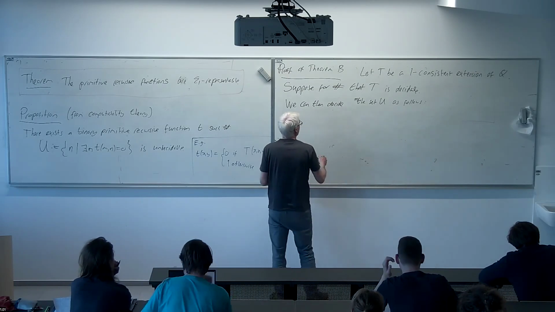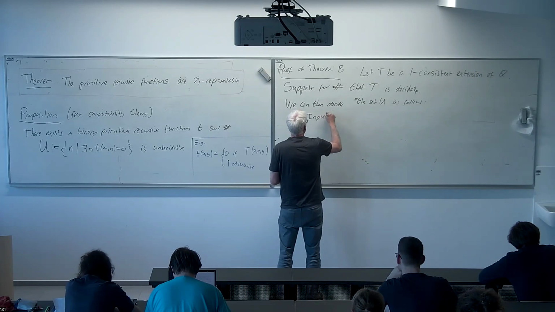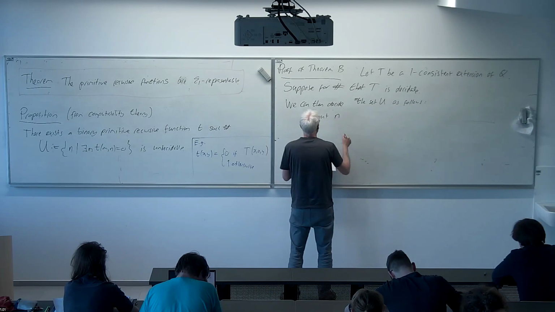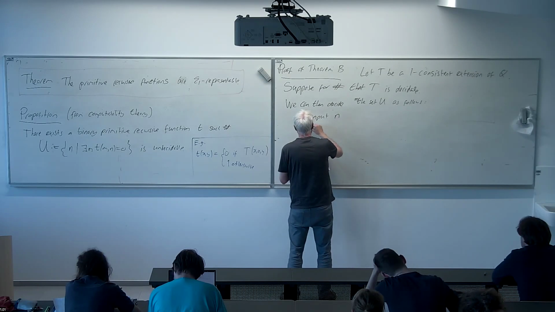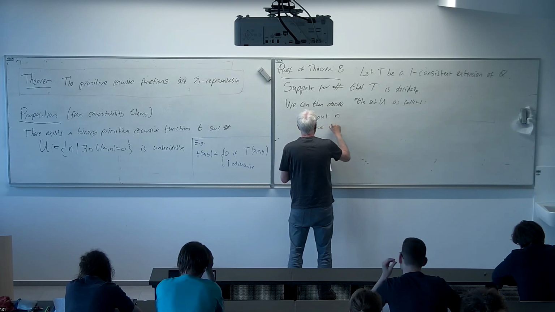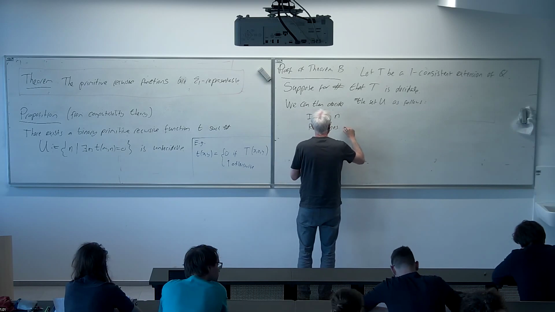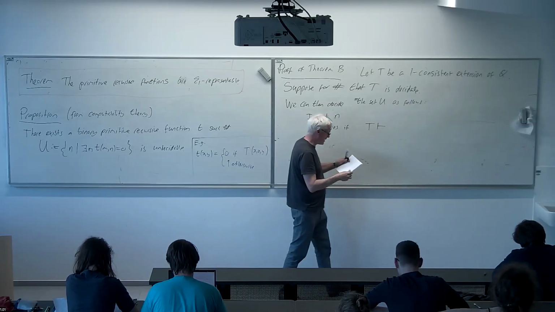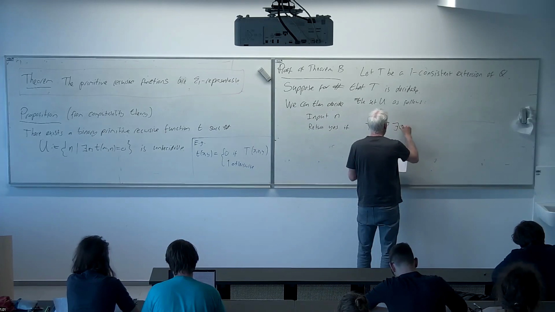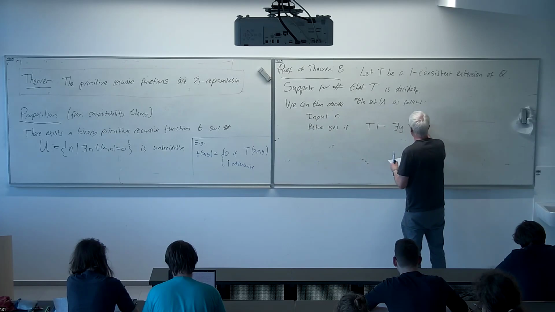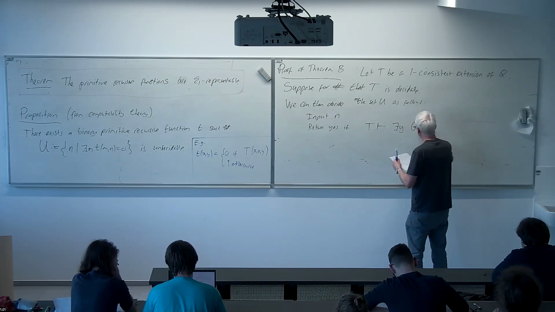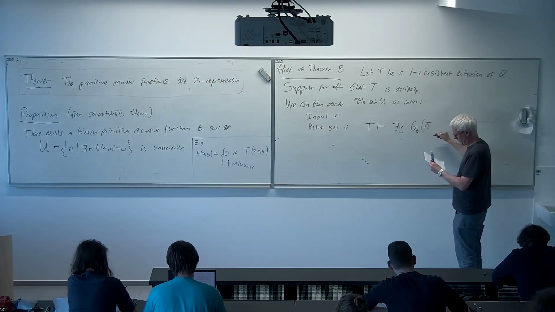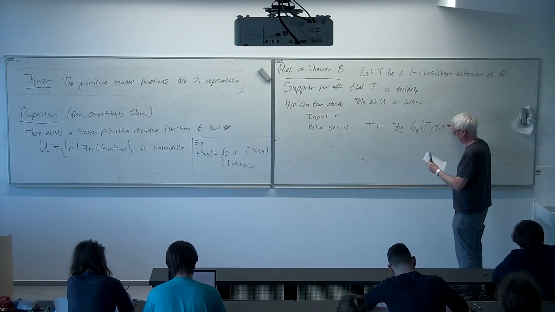So the algorithm is: input n, and check whether T proves that there exists a y such that g of little t of the numeral for n, y, 0.